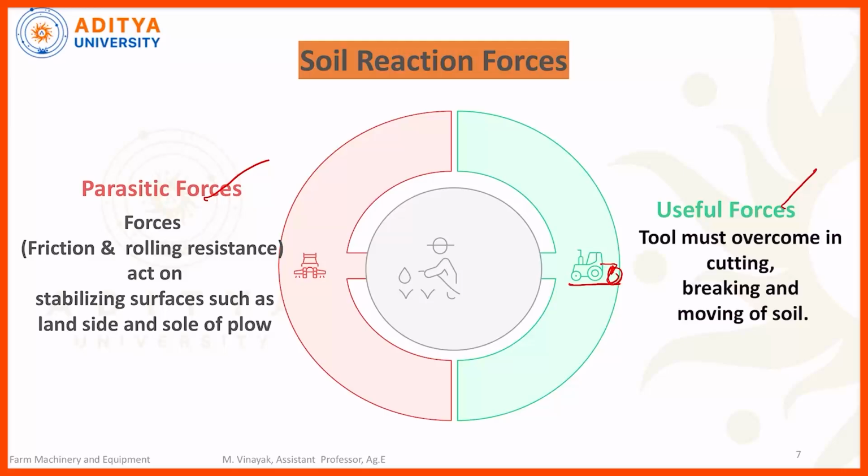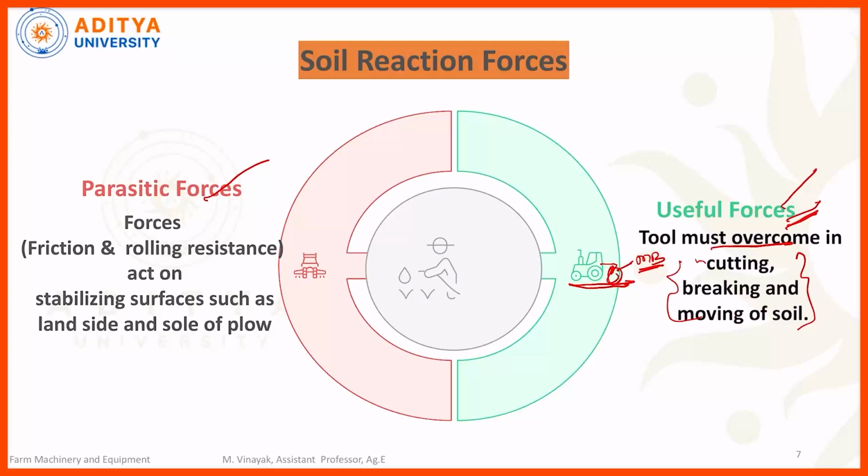This one is a moldboard plough. The force required for cutting, breaking and moving the soil is called a useful force. The tool must overcome these three operations. This moldboard plough should overcome these three operations, and that force is called a useful force.